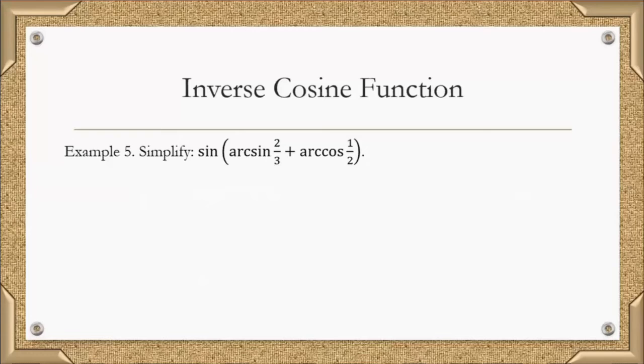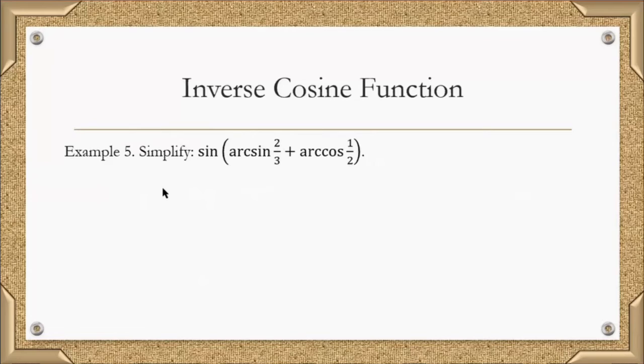Ayan, okay. Next, since meron na tayong dalawang inverse ng sine at inverse ng cosine, pwede natin gamitin yon to simplify something. Like example number 5, simplify the value of sine quantity of arc sine 2 over 3 plus arc cosine 1/2. Okay, verify natin.